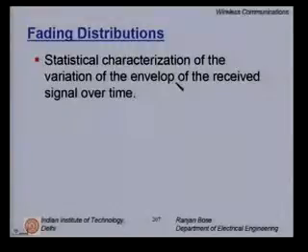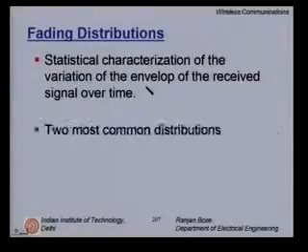Of course, you have some distributions regarding the phase, but usually the phase is uniformly distributed over 0 to 2 pi. What is interesting is the variation of the envelope of the received signal. We will find that this envelope undergoes deep fades once in a while, depending upon what kind of a fading distribution you have.